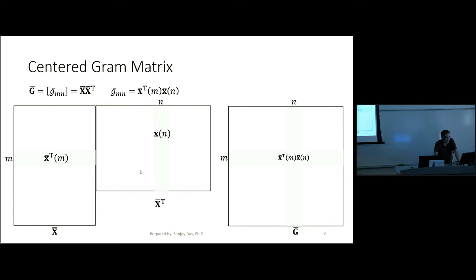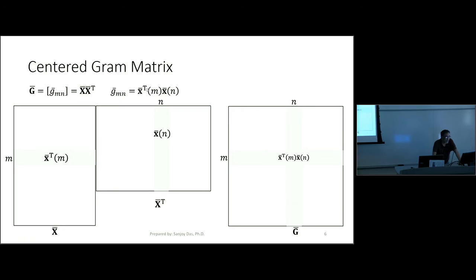If you take the product of this mth row and nth column, you get an element of G bar, which is equal to X bar m transpose X bar n, the inner product of the mth and nth samples after centering.